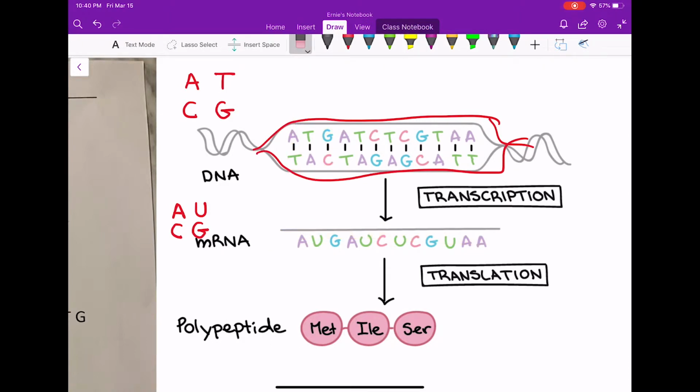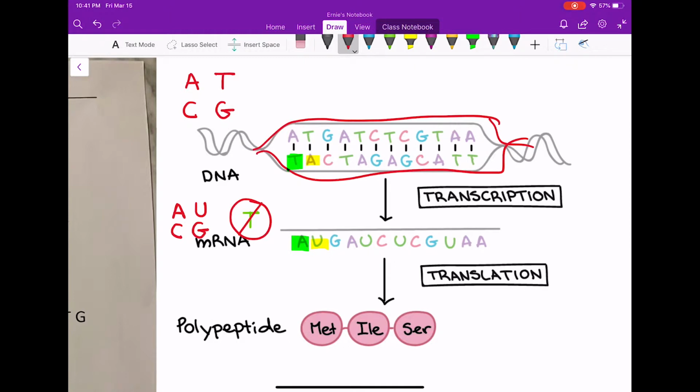So during the process of transcription, whenever we see a nucleotide that has a T in DNA, in RNA we will pair it up with an A, right? So T's with A's. Whenever we see an A, we will pair it up with a U, because in RNA we do not have T's.